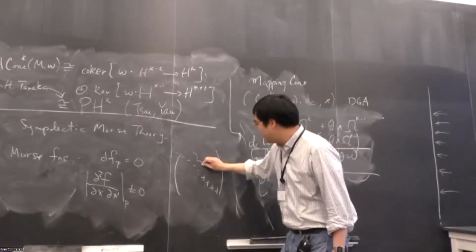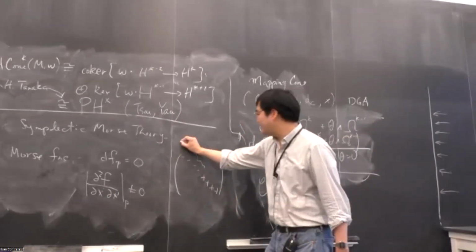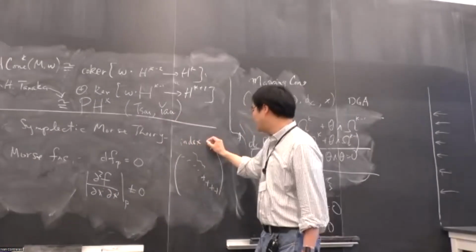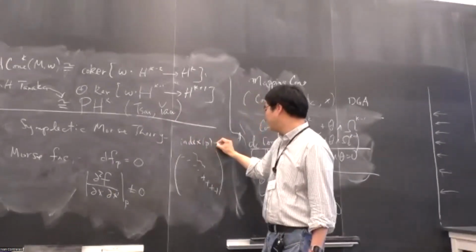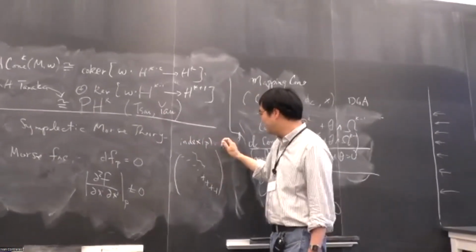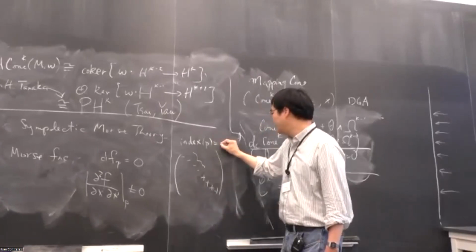And if you count the number of negative eigenvalues, we call that the index of the critical point P. Okay, so that's called the index of P. It's the number of negative eigenvalues.